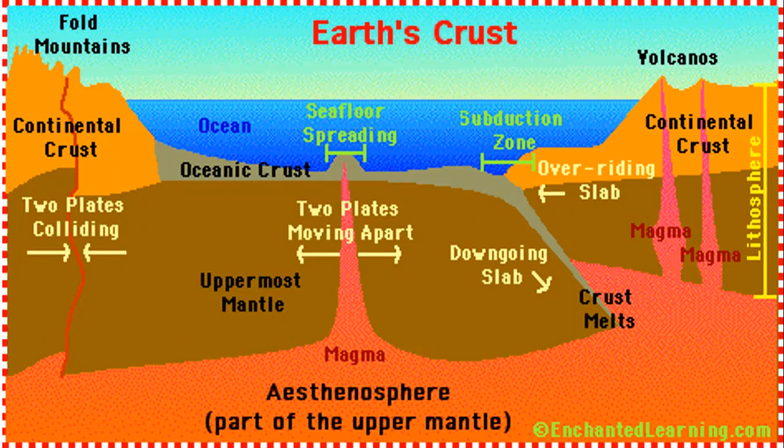Because it's forced down into the mantle, the crust melts. The added pressure adds to the magma located beneath the surface of the continental crust, and that magma forces its way up to form coastal volcanoes, as can be seen on the Pacific coastline. Washington, Oregon, California, Mexico.